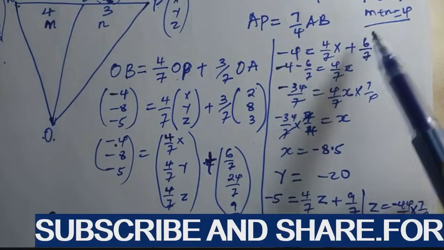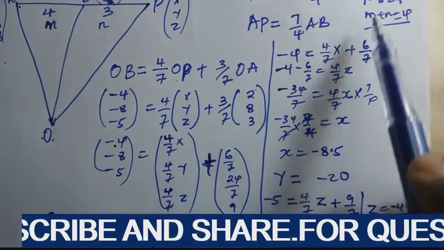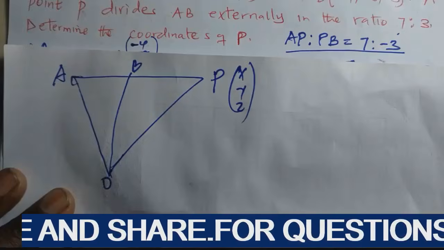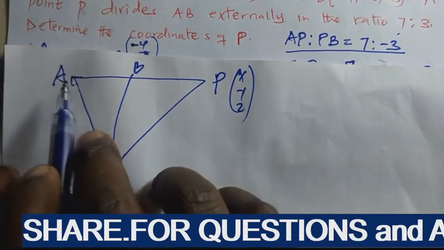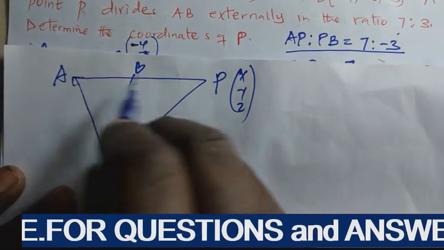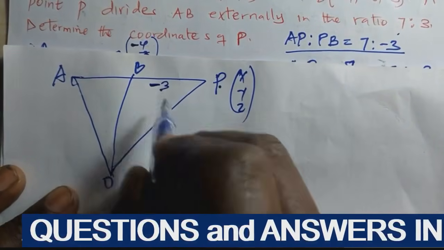Maybe let me do it that way so that I can do it directly, to use this method too. You need to understand that from A to B is 7, and P to B is negative 3 because it is external.